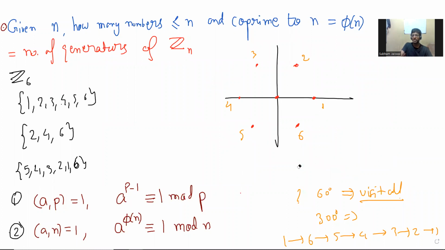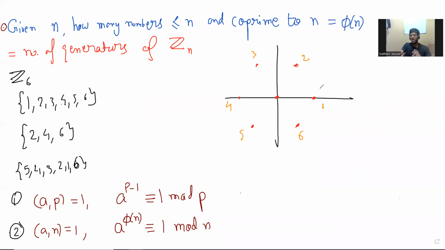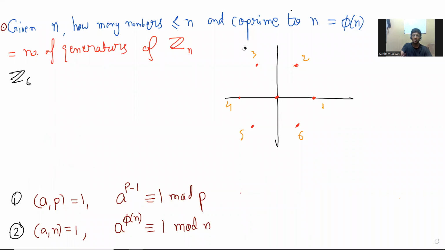But still, to capture it, to say it in a proper way that these two are the same things, how do we say that? Well, let me erase this first. So first of all, Z6 is 0, 1, 2, up to 5.